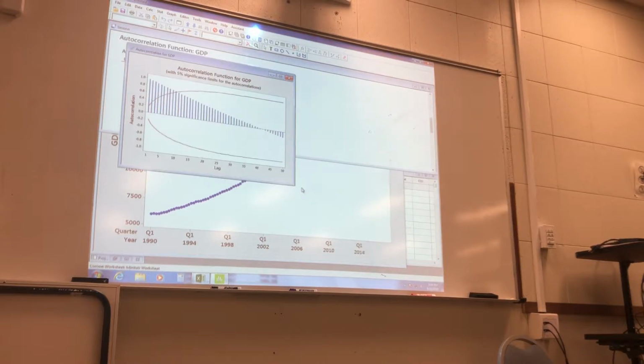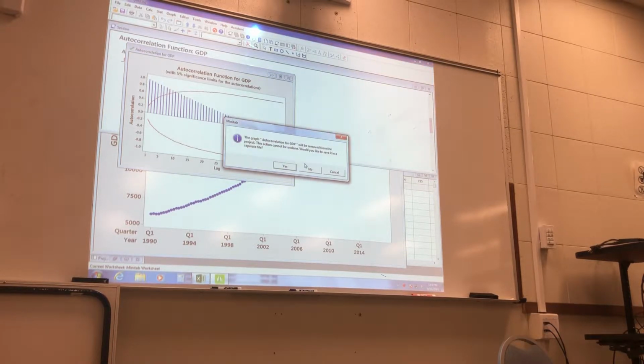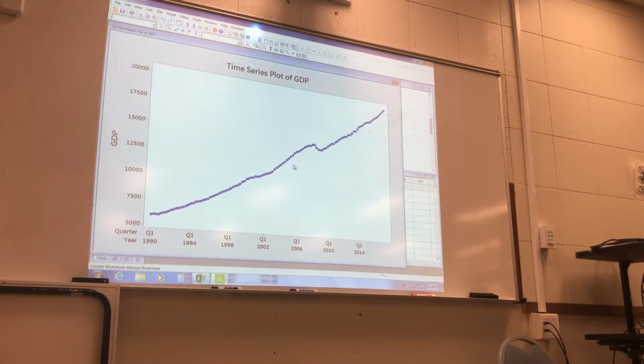We can rest assured that the fourth lag does not stick its head up above the average of the third and fifth lag correlations. You see that? It doesn't stick its head up, so there's no seasonality in this GDP information.